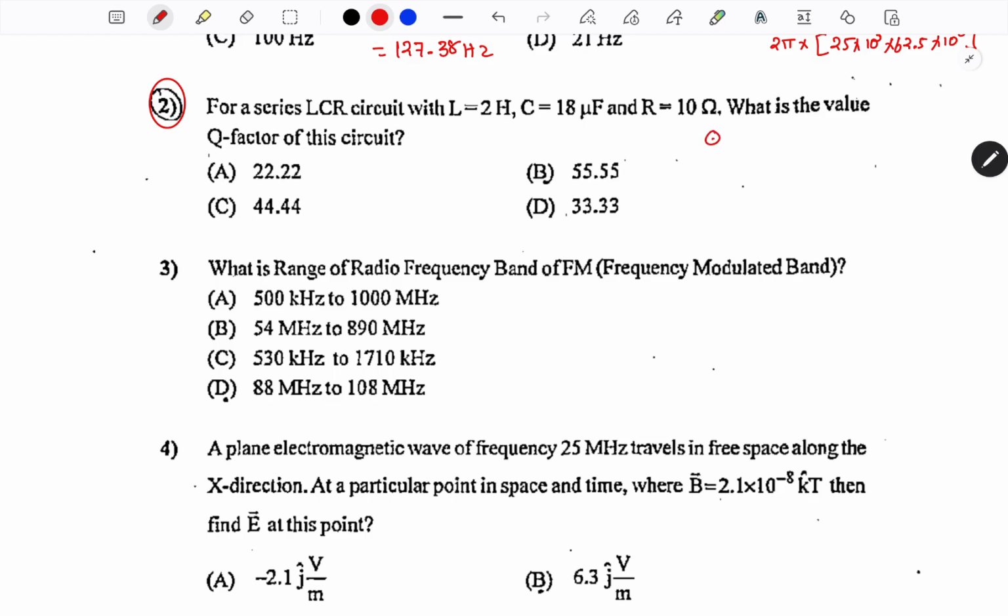But we know that Q factor Q is equal to 1 upon R under root L by C. On putting this, 1 by 10 into under root L is 2 divided by 18 into 10 to the power minus 6. So it is 1 by 10 multiplied by 333, or writing this way, 333 divided by 10. The option will be D.